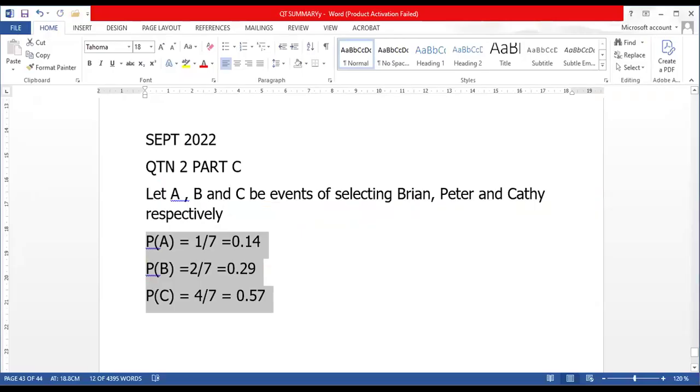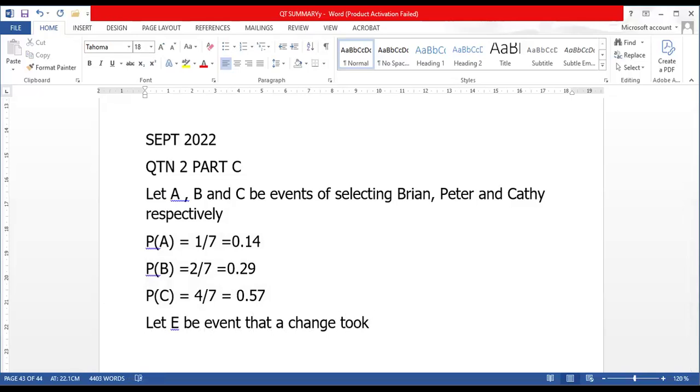Here we are going to say let E be the event that a change in profit took place.